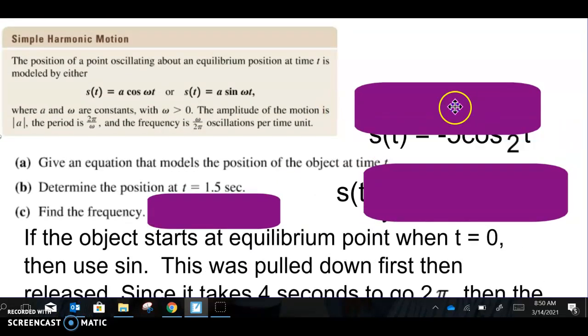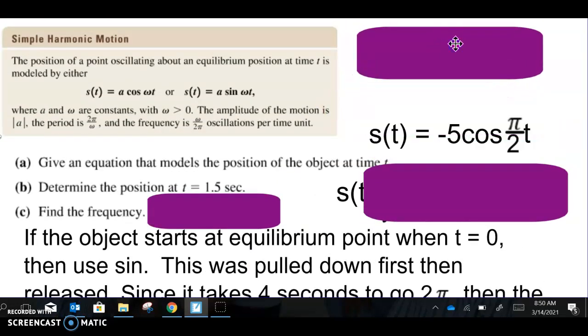You'll get used to this. My amplitude was 5. They said I pulled it down 5 units and then let go, so my A is 5, and since I pulled it down, I'm going to use -5, and then cosine omega t. I got it: an equation that models the position of the object at time t.